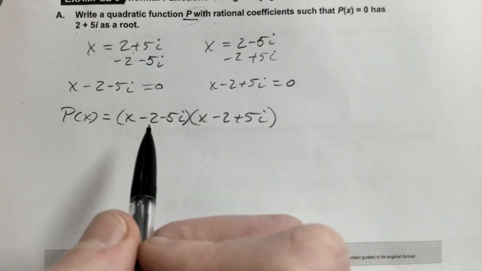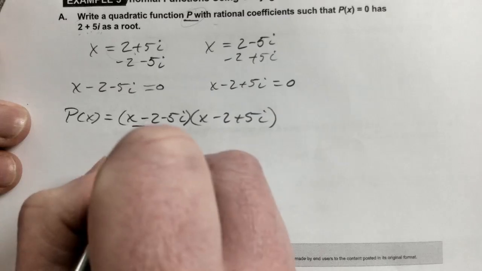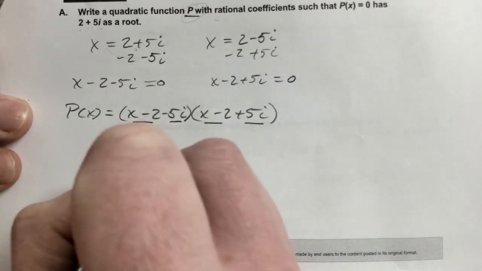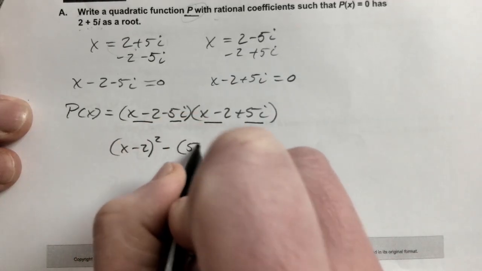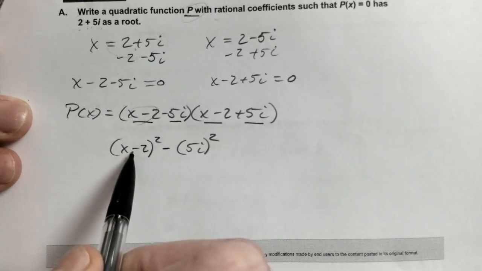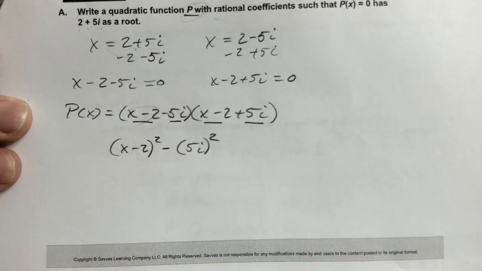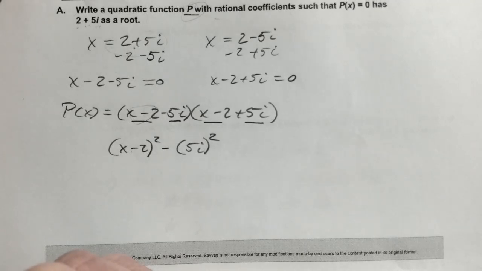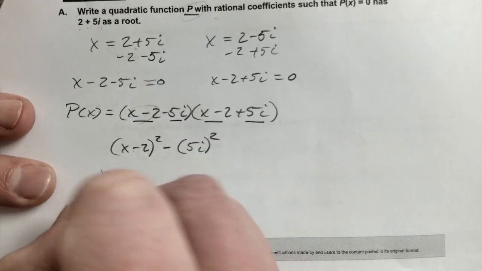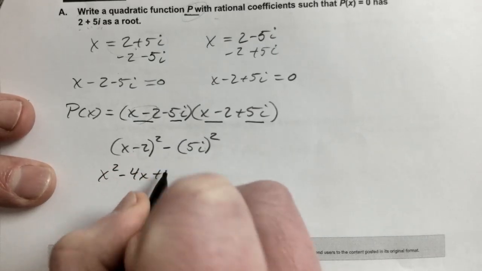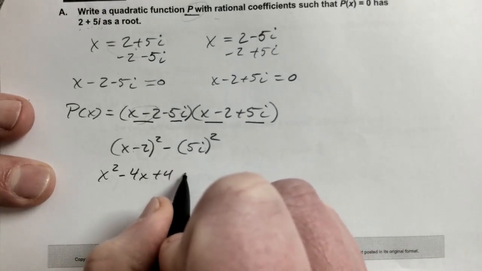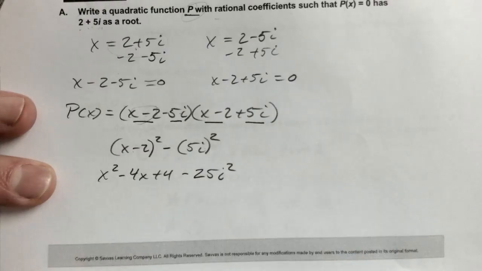Now, we can speed run this. We have conjugates, so a minus b and a plus b turns out to be a squared minus b squared. Did you notice that? x minus 2 is one thing, and 5i is my second thing. This comes back to our difference of perfect squares. x minus 2 squared turns into x squared minus 4x plus 4, and 5i squared is going to be 25i squared.